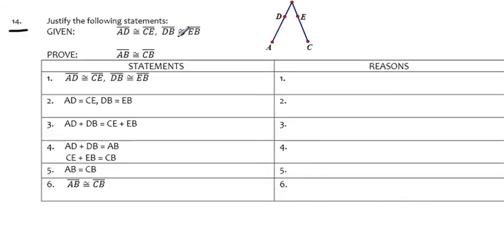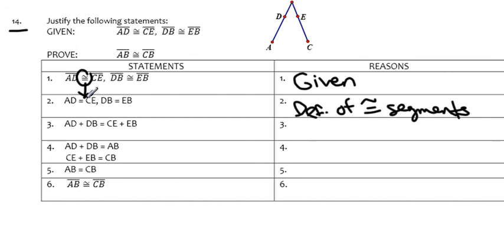And then finally, number 14, we start with our given. When a congruent symbol changes to an equal symbol, it's definition of congruent segments. It's the same thing as definition of congruent angles, except we're not dealing with angles, we're dealing with segments, as denoted by the segment bar and the fact that we use 2 letters.